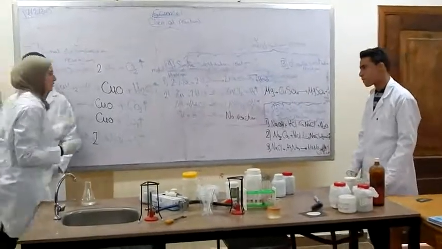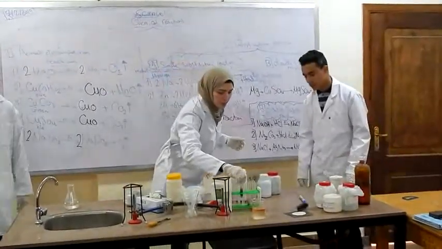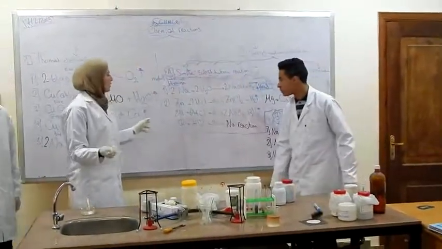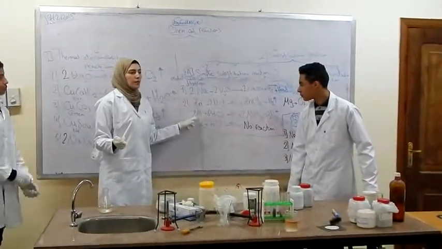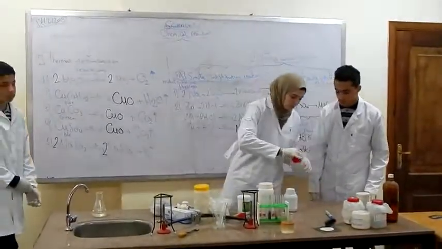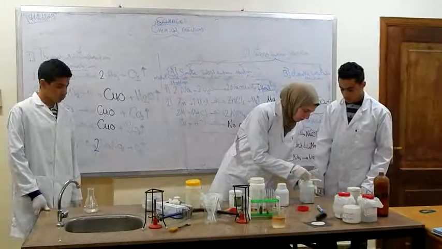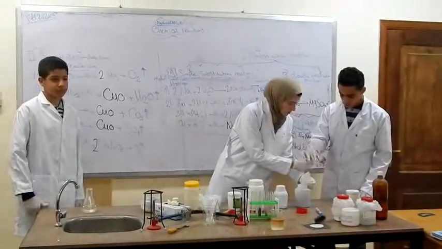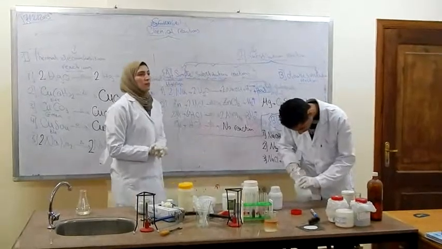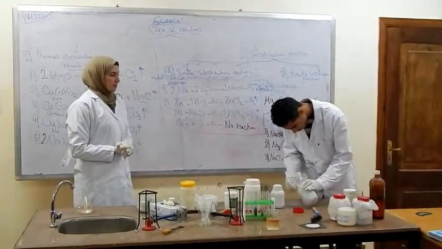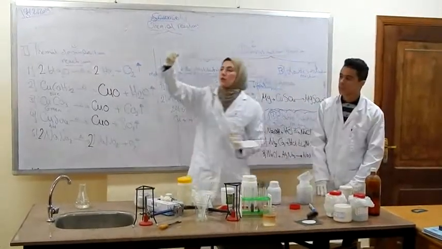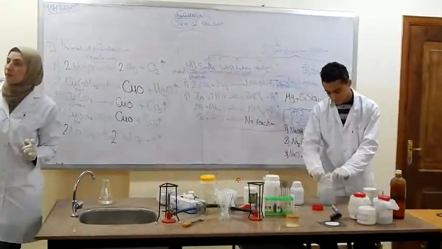Now, perform the second activity, with aluminium reacting with hydrochloric acid. Aluminium metal. Look, this is the structure of aluminium metal.